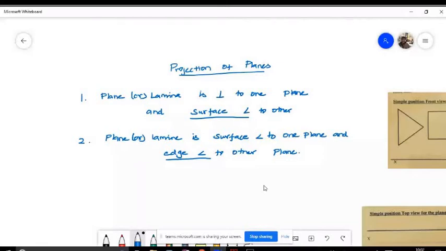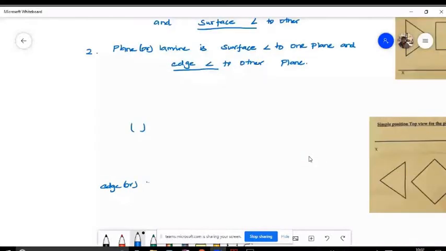See, I will introduce three terminologies for planes. The first one is edge or side. So I hope you know what is meant by edge or side. For example, if I have a square, things connecting two corners.